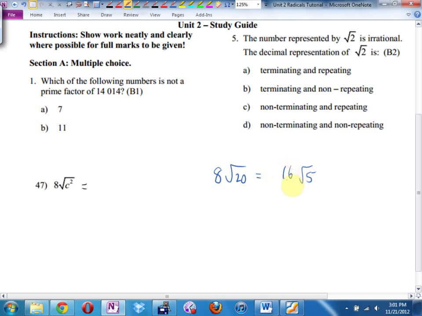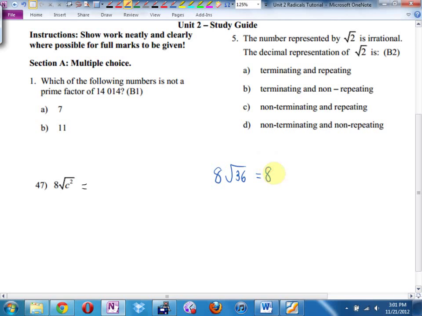Okay? Now I'm going to give you the same question but slightly different. Instead of a 20 inside there, I'm going to give you a 36 inside there. Now, why did I pick a 36? Why is 36 special? It's a perfect square. Yeah. This one, you know what I would still do first?